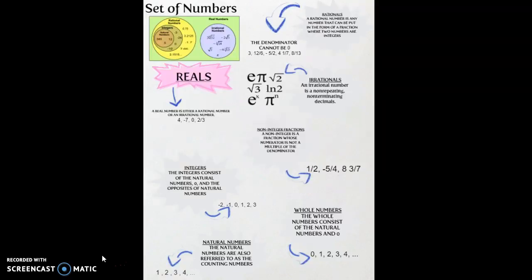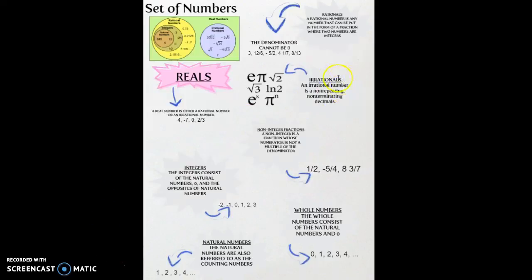If you would like to use this Glogster, which is a poster that was created, if you need to look at this for further examples, you are more than able to look at it. It is set up for download on the Google Classroom.